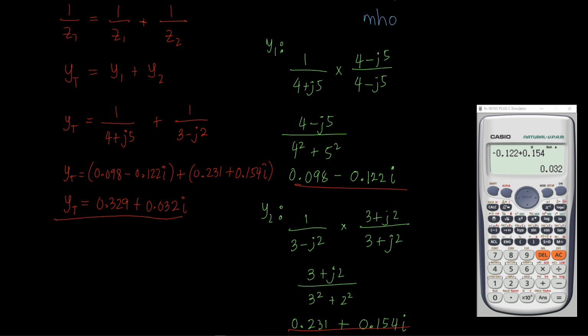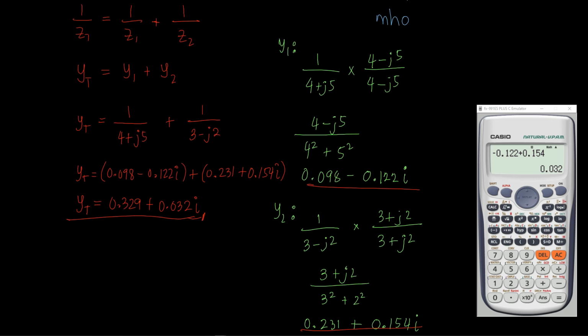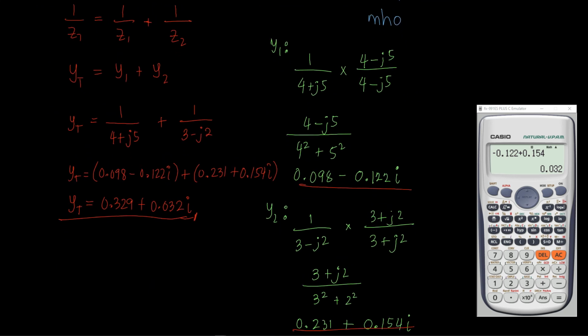So, nakuha nata ang admittance. Total admittance. Now, remember, kung sa ganyan gipapangita, find the current I. So, nakuha nata admittance YT. V is equal to IZ.